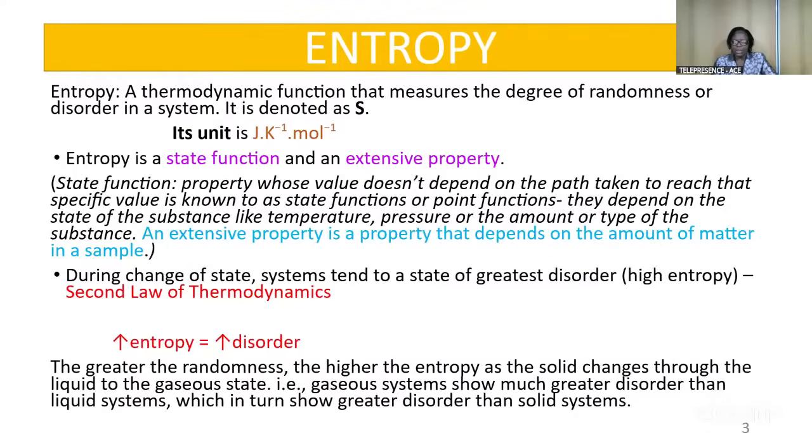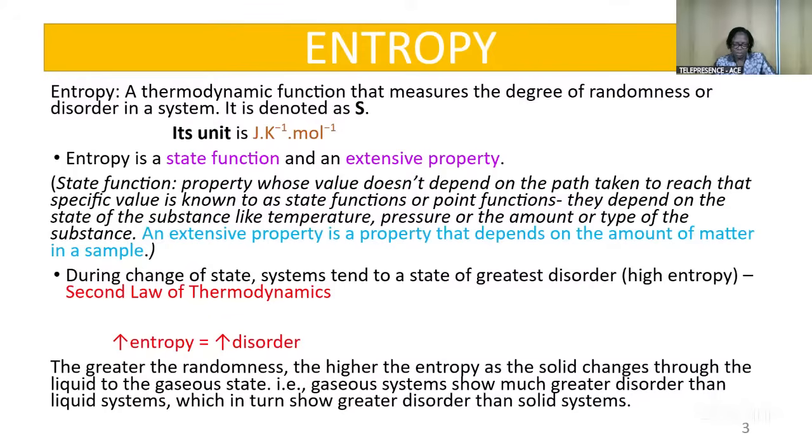Now, the second law of thermodynamics generally points to the fact that a system will naturally tend to a higher degree of disorderliness. So if you leave it over time, anything you put down is going to increase its entropy. As we increase the entropy, the disorderliness is increasing. So the degree of randomness can be measured using the term entropy.